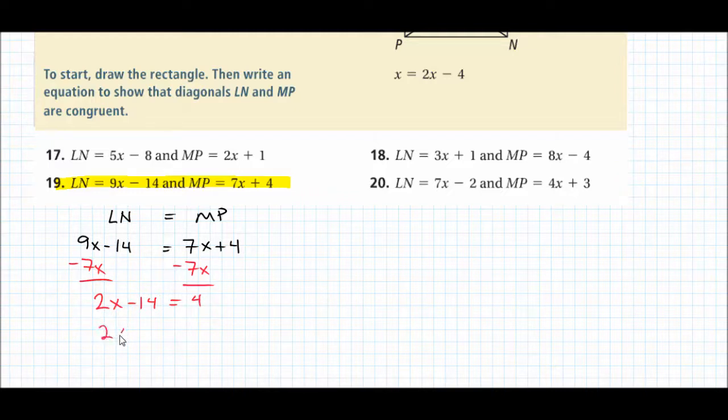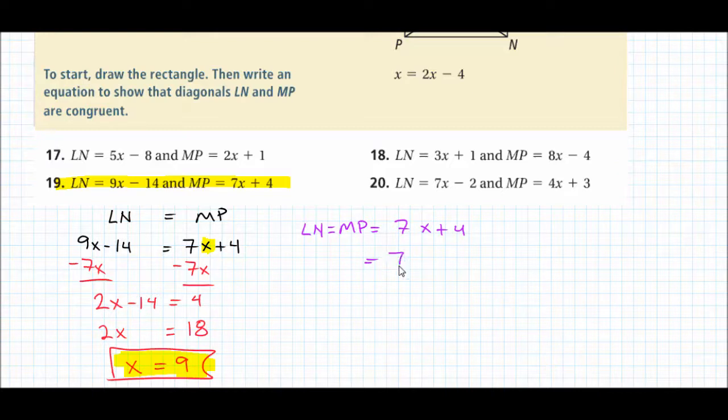So we're going to get 2x, okay, plus 14 is 18. Divide each side by 2. We're going to get x is equal to 9. Okay, again, we're not done. We solved for the variable, but now we have to solve the equation. So we know LN equals MP, which equals 7x plus 4.